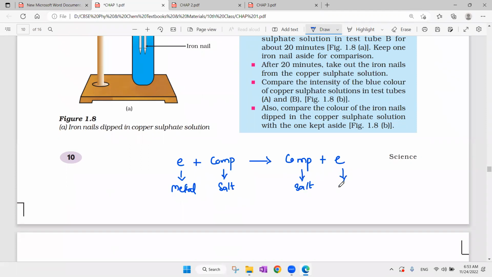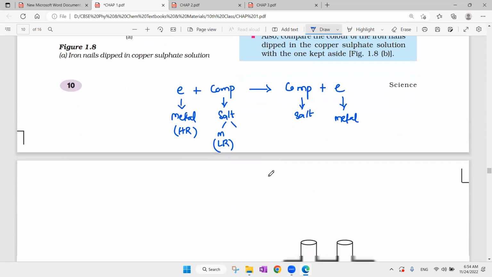The new element will be metal. But here what we can observe, this metal should be highly reactive. The salt is nothing but a metallic salt, whose metal must be least reactive, so that only we can observe displacement. If this condition is not satisfied, you cannot get displacement reaction.